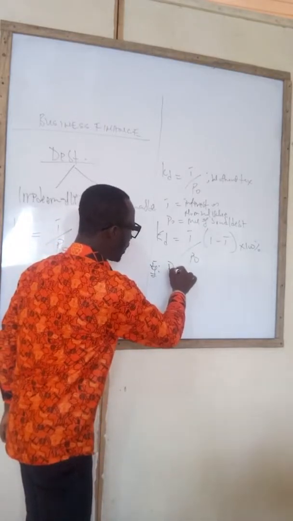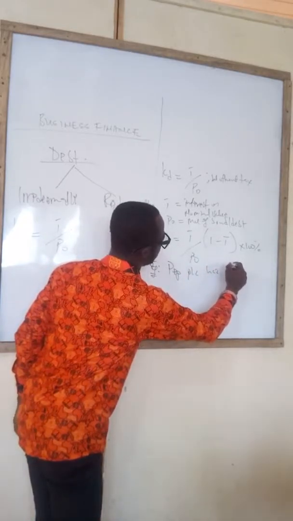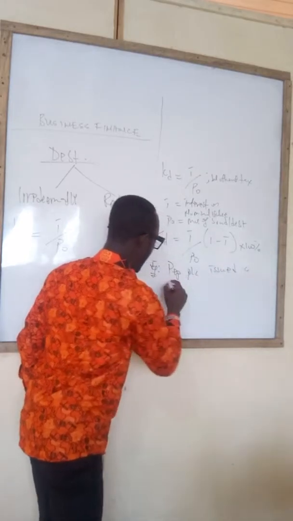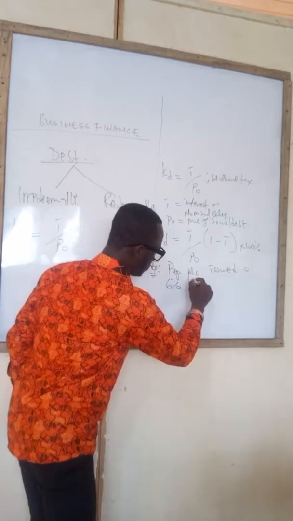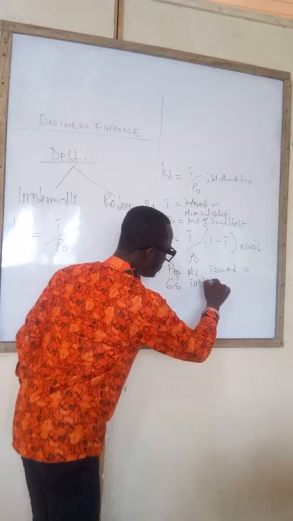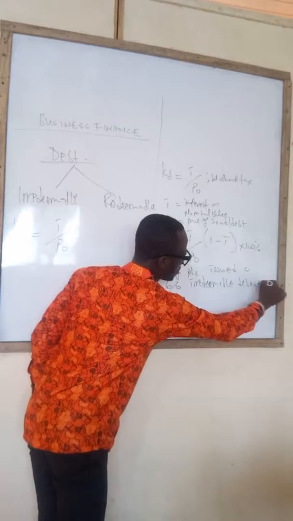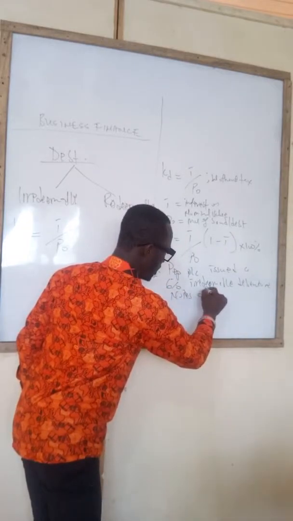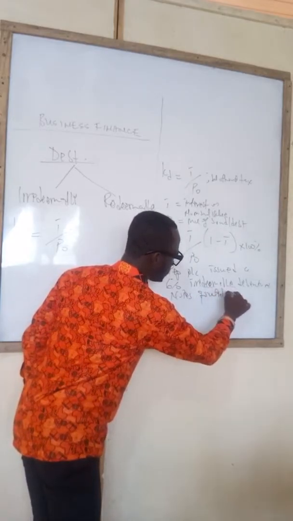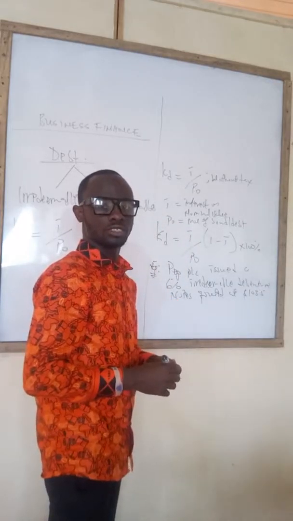So let's say PEC PLC issued a 6% irredeemable debenture notes, quoted at $103.5.